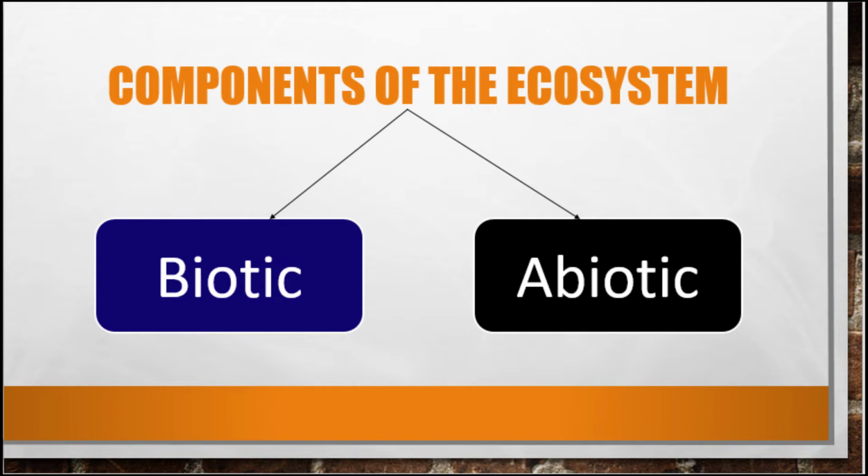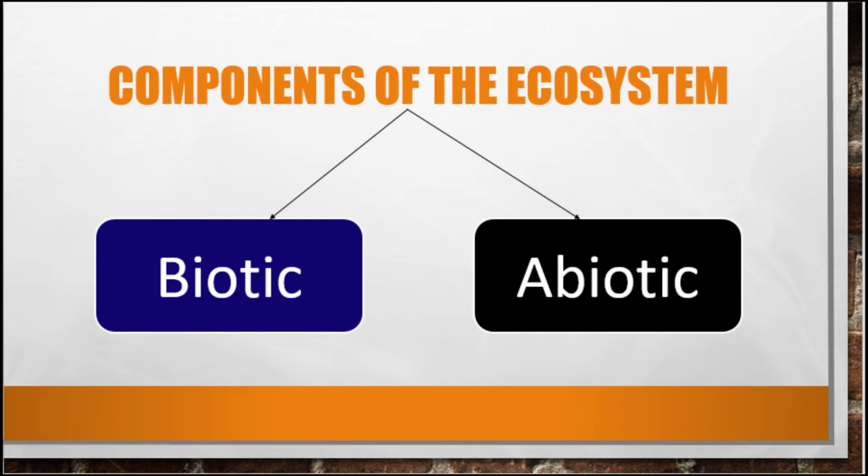The consumers can be either animals or plants, but they can't manufacture their own food, so they depend on the producers. Consumers can be categorized into the primary, secondary, and the tertiary stages. We have the primary consumer, secondary consumer, tertiary consumer.